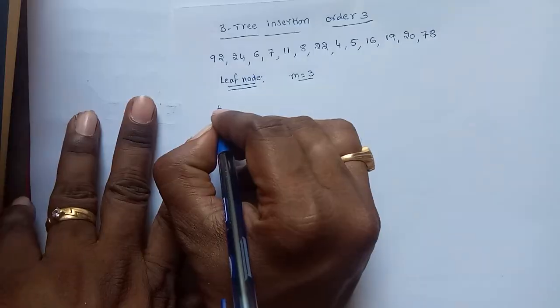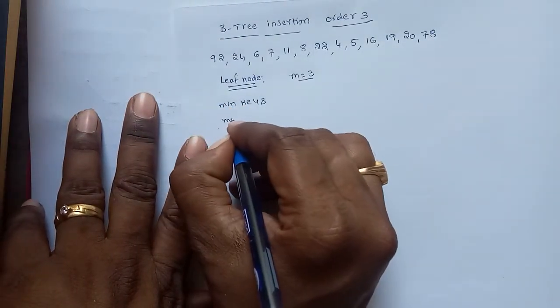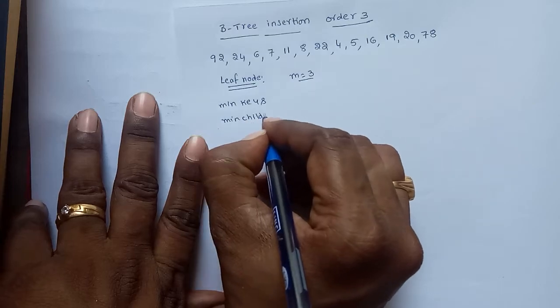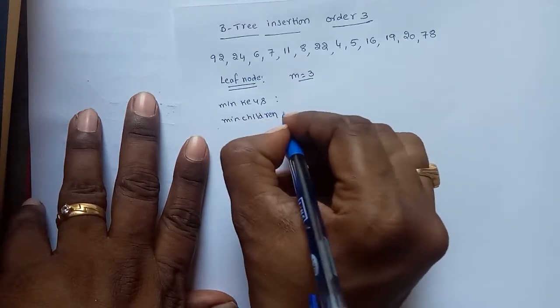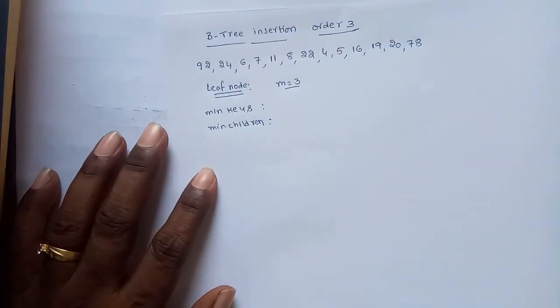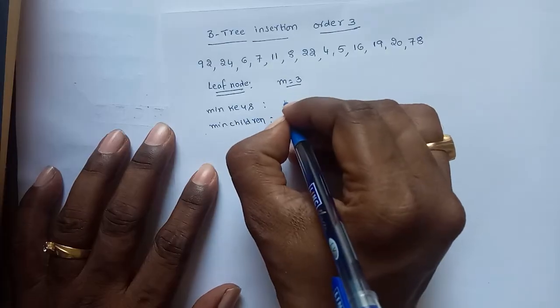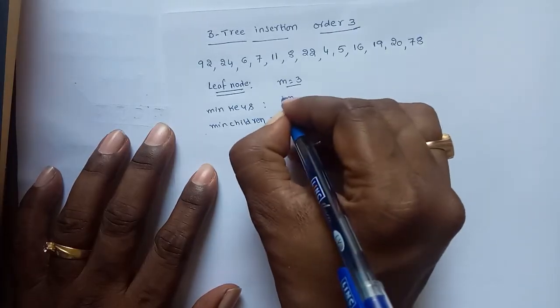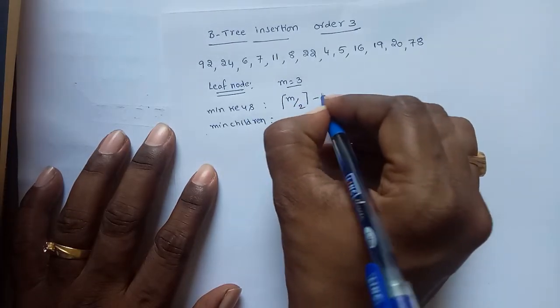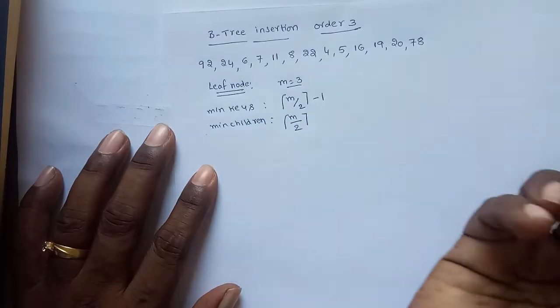First step, identify the minimum number of keys and the minimum number of children that are present in each node. Remember this: the minimum number of keys is ceil(m/2) minus 1 and the minimum number of children is ceil(m/2).